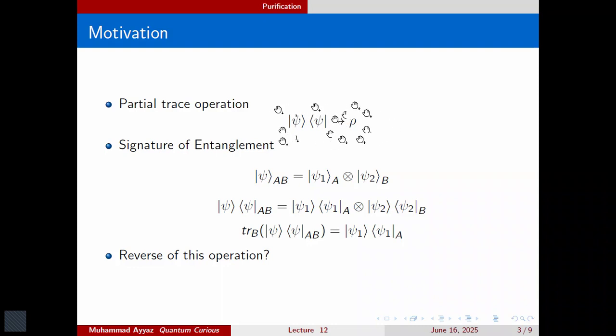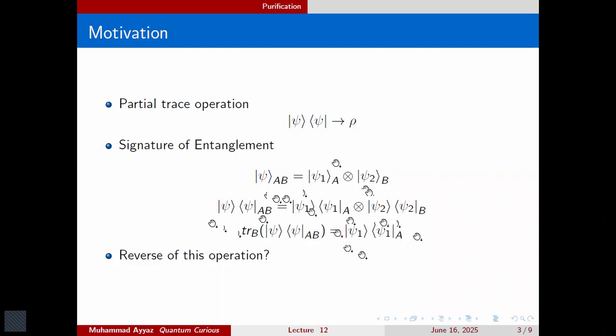How is it a signature of entanglement? We can see it by this example. We have a larger state that is a pure product state, and if we take the partial trace operation over B of the density matrix of that pure state, we can see that the resulting density matrix is a pure density matrix and corresponds to a pure state.